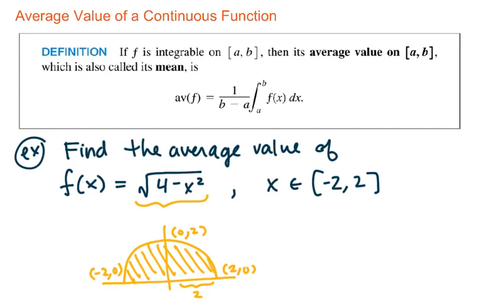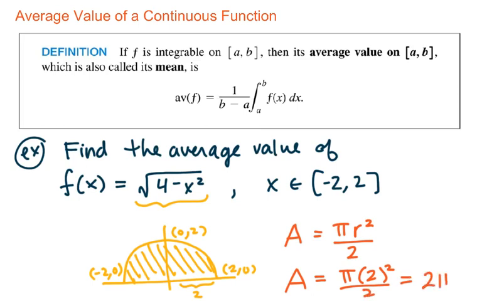I know how to find the area of a circle. So the area of a semicircle is just going to be that region or that area divided by 2. So my area formula here, area equals pi r squared. And of course, because it's a semicircle, we divide it by 2. So the area of this yellow shaded region is pi, radius 2 squared over 2, which simplifies to 2 pi.